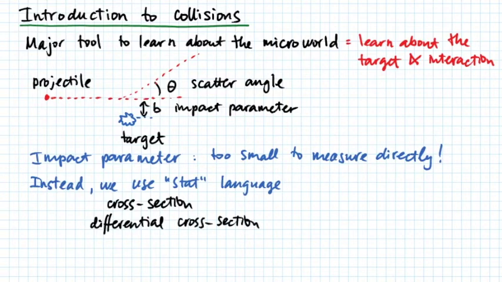Cross-section is really a probability with the units of area. And differential cross-section is dependence of cross-section on the angle. Both of these quantities are easy to measure.